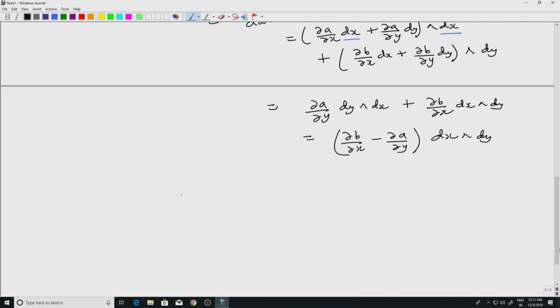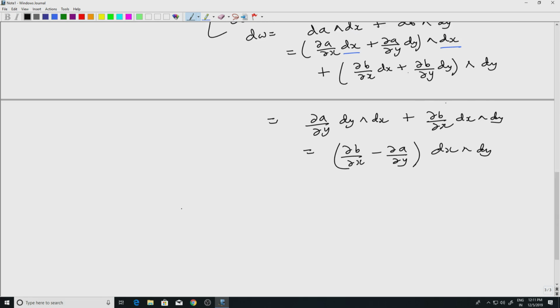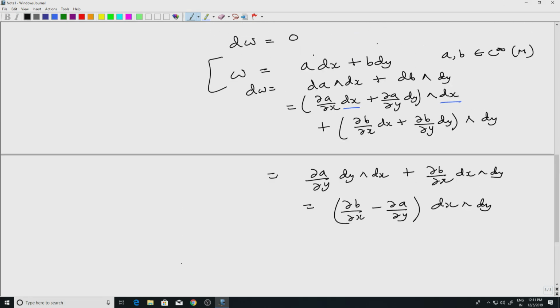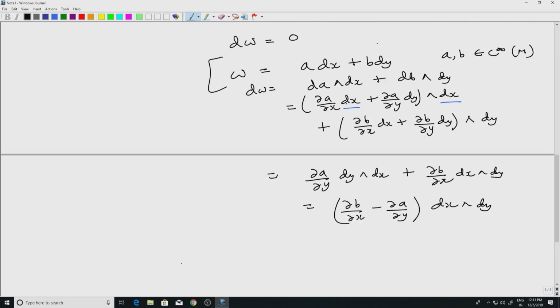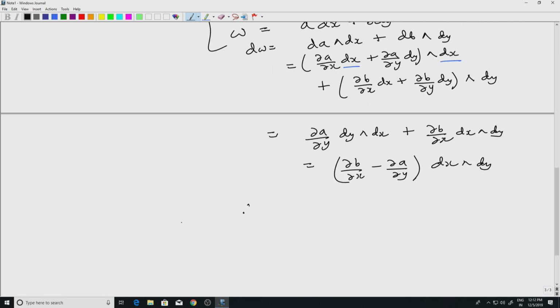So this is a general formula valid on any manifold. If I take d of a one form, of course on a manifold I don't have this dx and dy defined on the whole manifold, but in a chart I can do this computation. And to say that d omega is 0, therefore d omega is 0 if and only if del b by del x equals del a by del y.